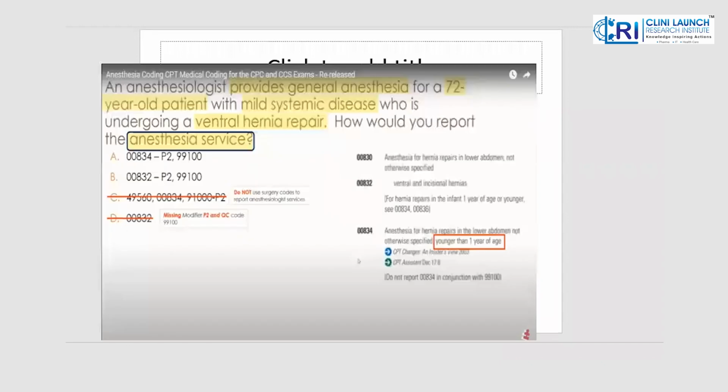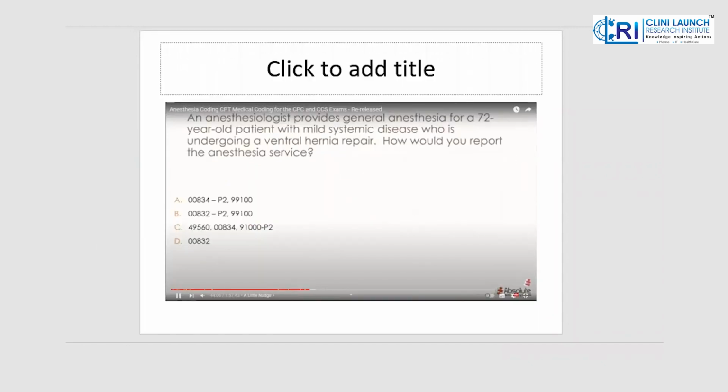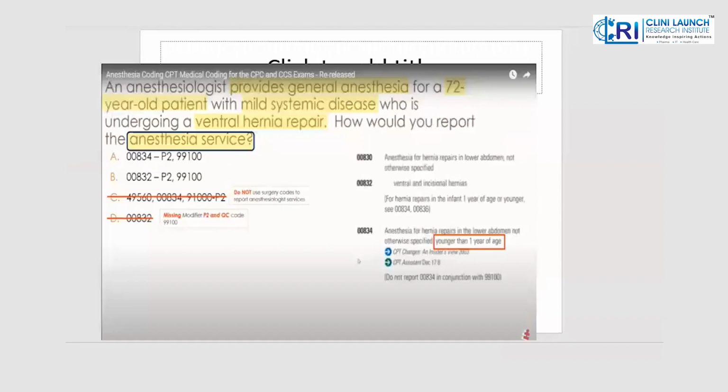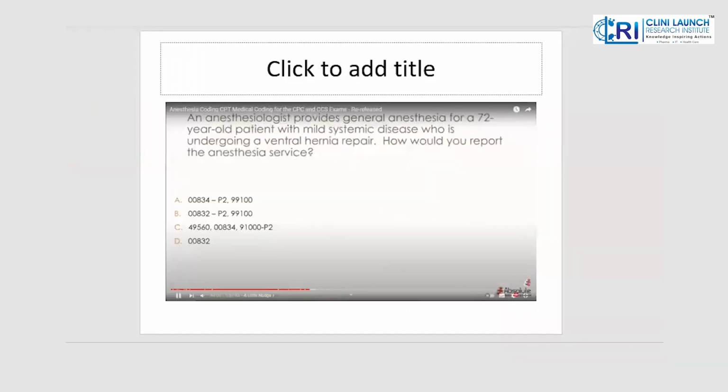Okay. So, what will be your modifying factor, like the status? It is P2. Okay. So, you will erase these two options. So, your modifier will be P2 here.